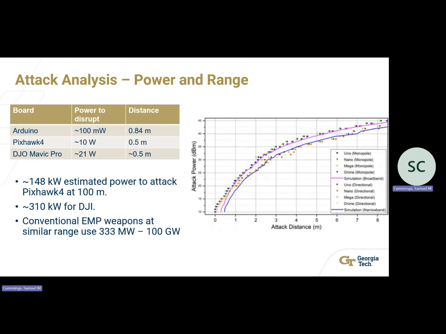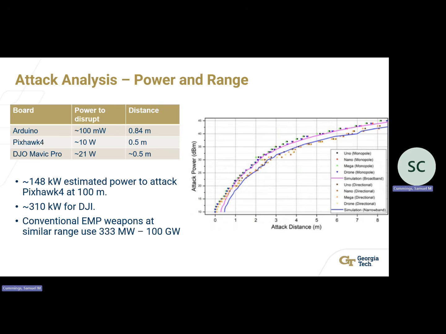Okay, so moving on to the analysis. This is the power and range of the attack. For the Arduino board, you only need up to 100 milliwatts at a distance of 0.84 meters. Pixhawk 4, you need 10 watts at 0.5 meters.